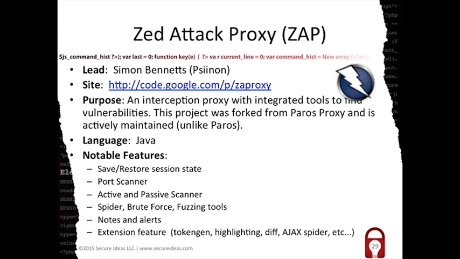But the two that are probably most commonly used in web pen testing are the two that are platform independent. So we have ZAP proxy, and it's Java based. It has tons and tons of plugins available. It's really well maintained.